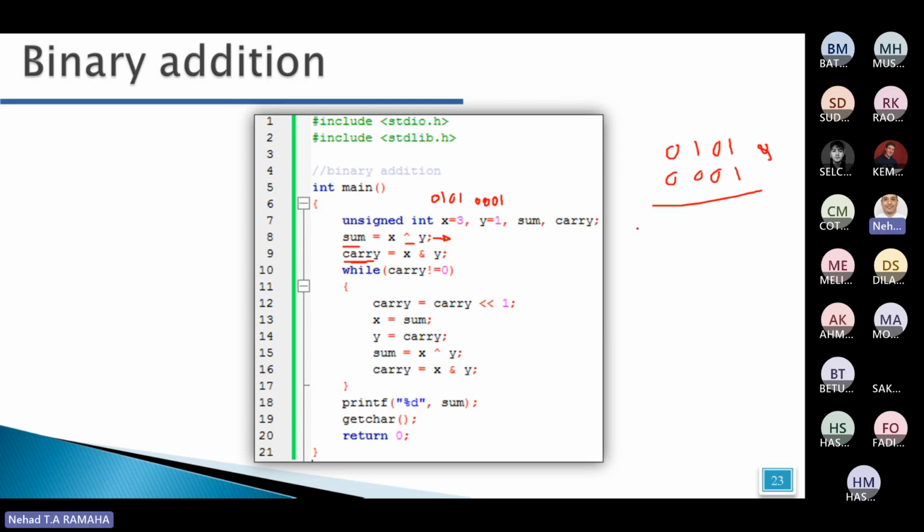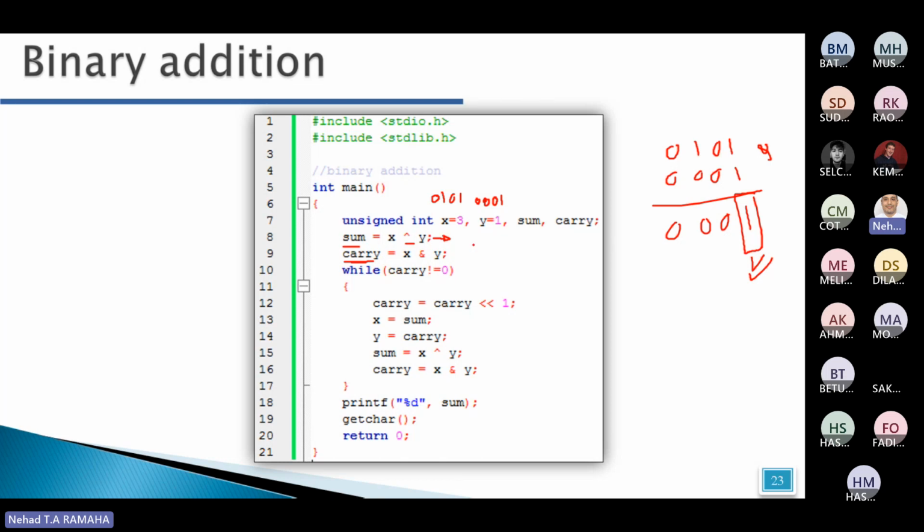So 1 and 1, the result is 1. 0 and 0, 0, 0, 0. So we know that this digit has carry. So we need more calculation. So this is the idea here.